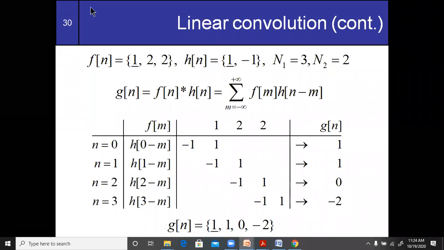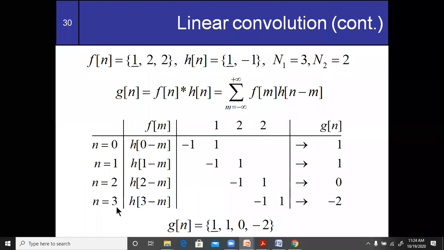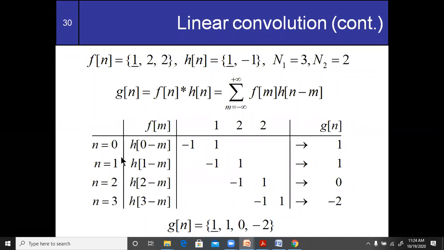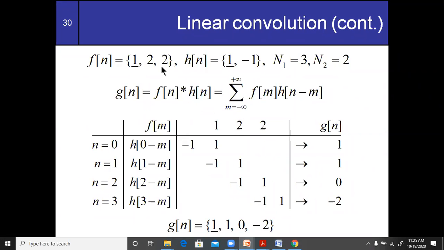But what appears over here is, when we try to write all that, then we will write here n equal to 0, n equal to 1, n equal to 2, n equal to 3. 4 different terms, n1 plus n2 minus 1 will give you the value 4, and therefore n is equal to 0 to 3. 4 values we will have. So when n is equal to 0, then the f of m values are written over here, 1, 2, 2. So this is f of 0, f of 1, f of 2.